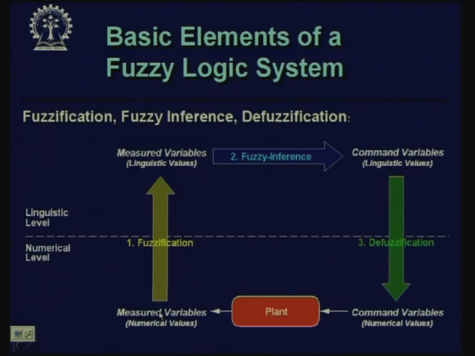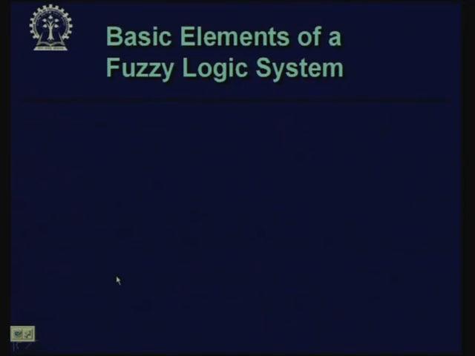Therefore, first thing that I have to do is fuzzify this and get the linguistic value. Then using my fuzzy rules, I will get some output in terms of linguistics, in terms of say give a small shift or something of that sort. Then I will have to defuzzify that and I will get a numerical value, which I will again feed back to this control. So, here you see I am working at two levels, numerical and linguistic.